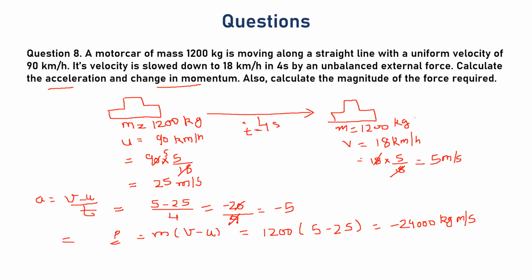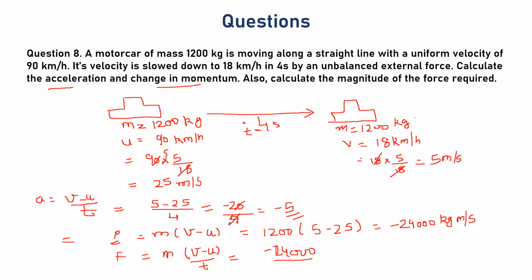We found the acceleration, and also we have to calculate the magnitude of the force. So force is equal to mass into acceleration, and acceleration is v minus u divided by t. We have got mass times v minus u, which is minus 24,000, that is the change in momentum. We can directly substitute the value, minus 24,000 divided by t.